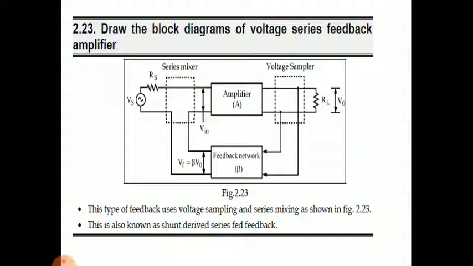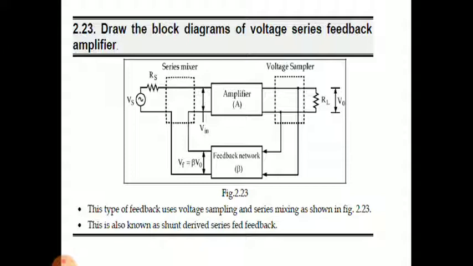Now moving on to a small topic, block diagrams of feedback amplifiers. Different types of feedback amplifiers. Though we have seen negative and positive feedback amplifiers, depending on the mixing and sampling, a sampler can sample a voltage signal or a current signal, and in the case of mixing, it is either series mixing or shunt mixing.